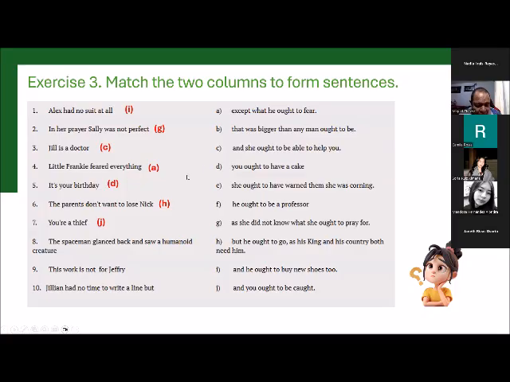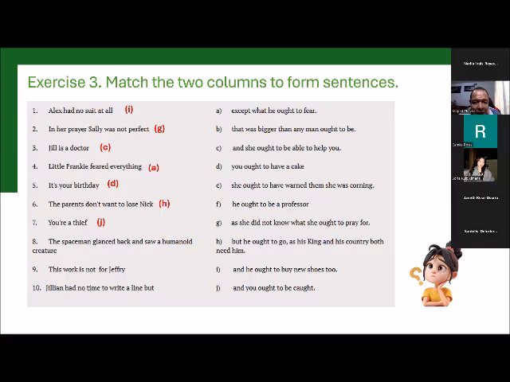Yes, Nadia. The spaceman glanced back and saw a humanoid creature in letter A, I think, except. She ought to have one neck, then she was corny. Letter A is not the correct answer.